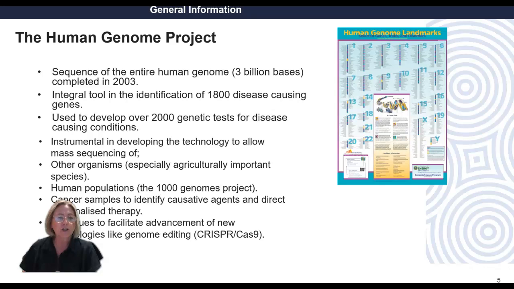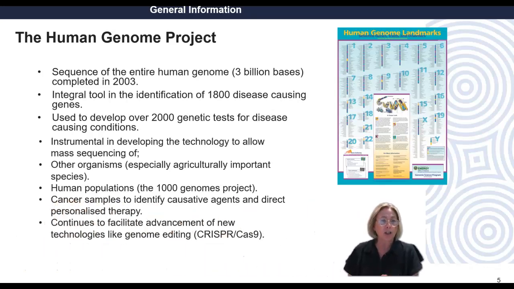It's been instrumental in developing the technology to allow the mass sequencing of lots of different things. And I've just listed a few here. So other organisms, human populations, cancer samples to identify causative agents and direct personalized therapy for individuals with cancer.